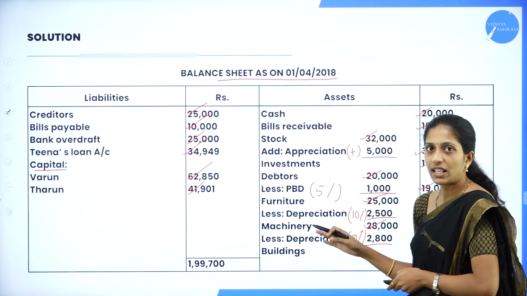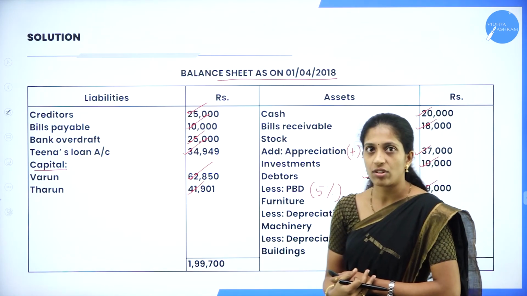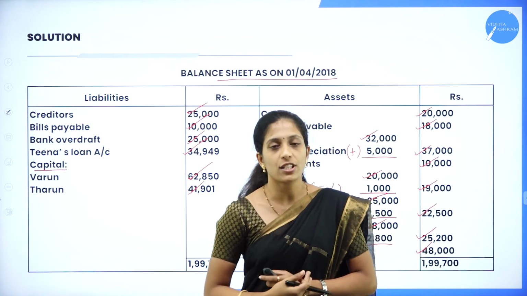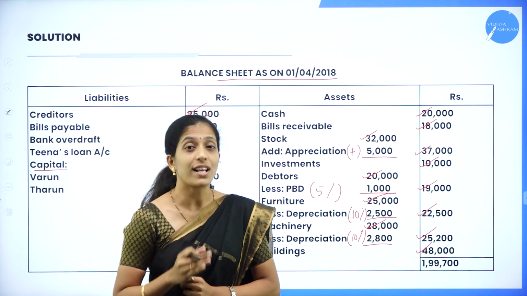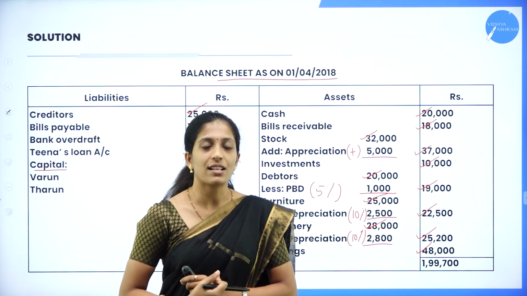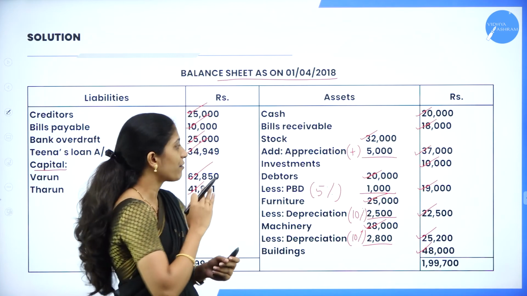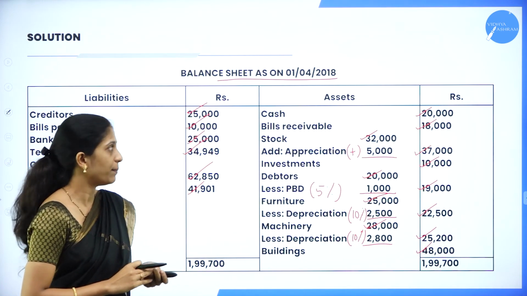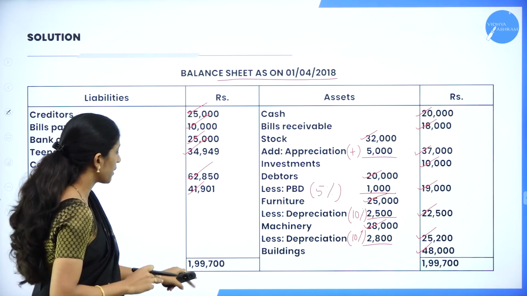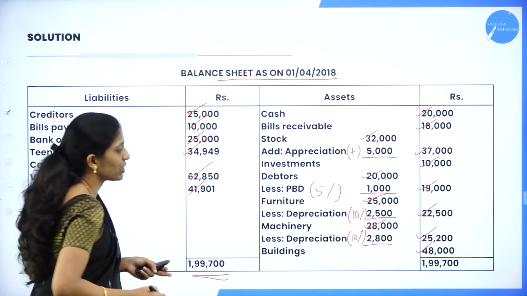Now we are done with this. So there is no more other entries. So we have recorded all the adjustments twice. At the same time, we have recorded all the items once which were there in the balance sheet in the question. Now we have to balance both the sides and the total of assets should be equal to total of liabilities. Now if you add all the liabilities, we will get 1,99,700.